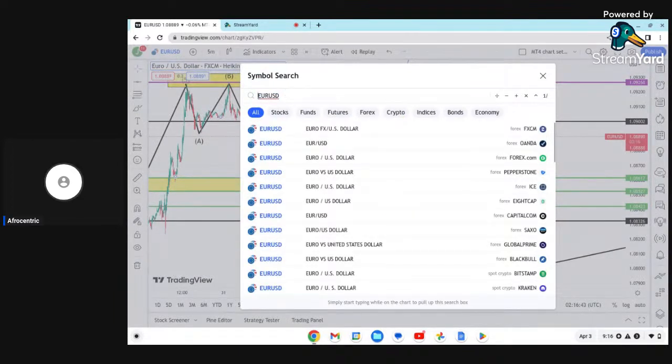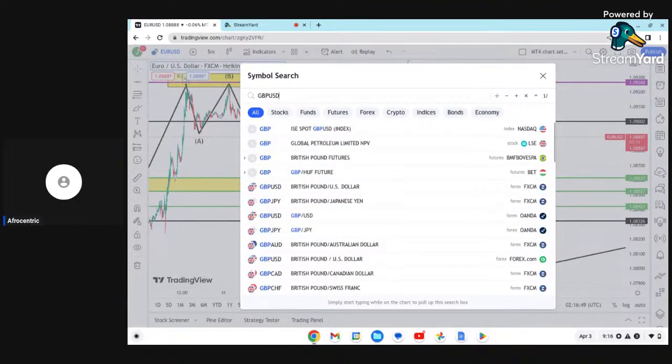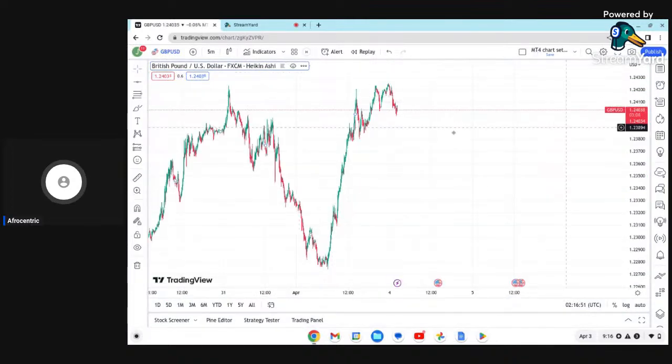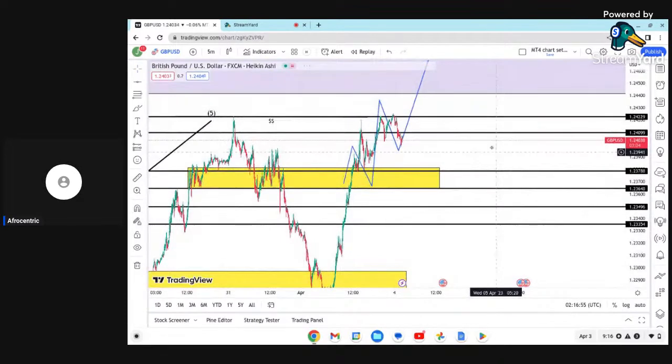Let's go back and check GU to see what GU is doing, because I know that GU is looking really nice. Like I said, all of these are doing the exact same thing. And if you set a limit order on GU for 24,100, then that is coming. It looks like it kind of came close to it. It's trying to come close to that to then go back down lower.